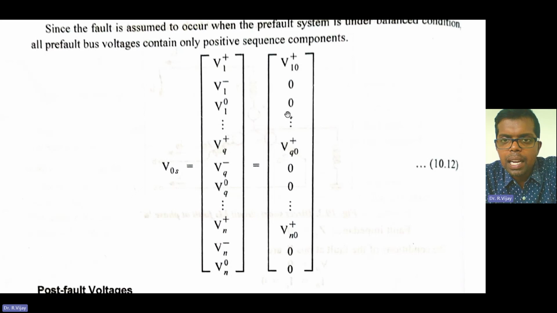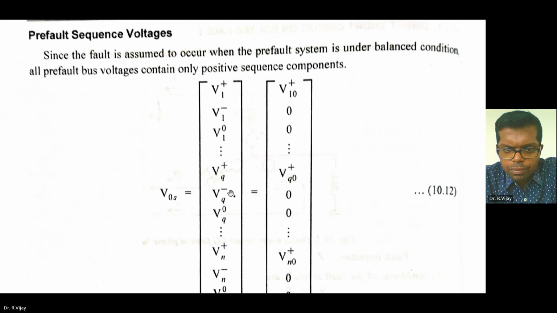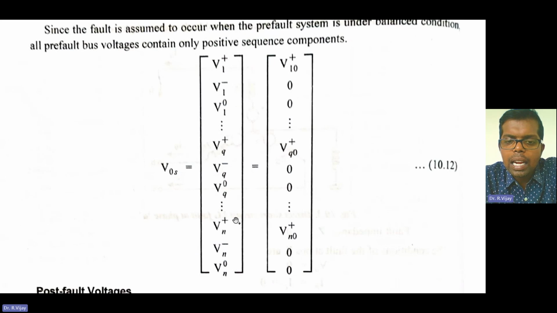Similarly, VQ positive only will have a value, VQ negative is 0, VQ 0 also 0, and Vn positive has the voltage Vn 0 plus, Vn negative has 0, and Vn 0 also has 0.